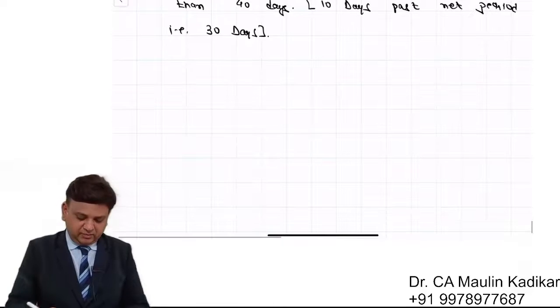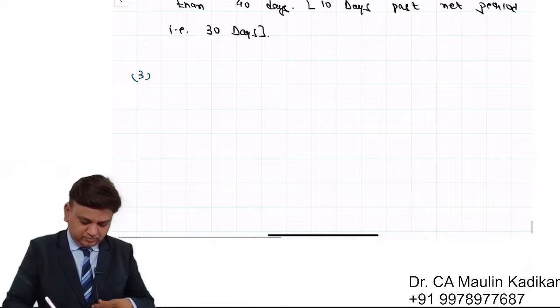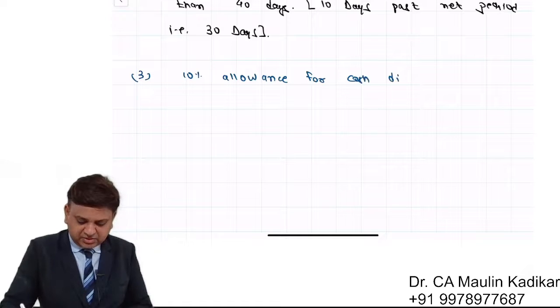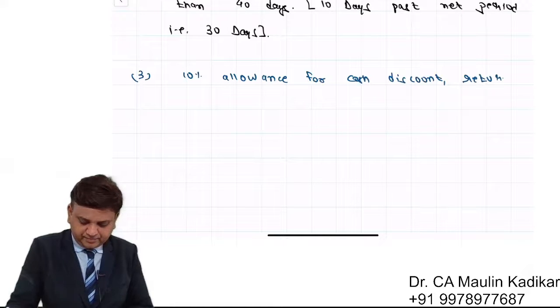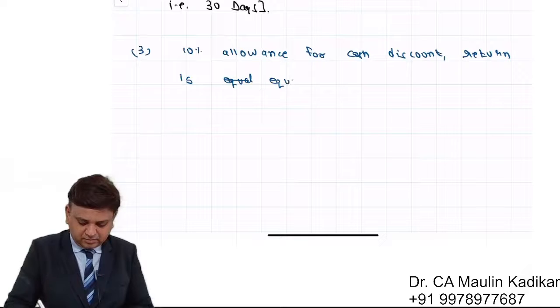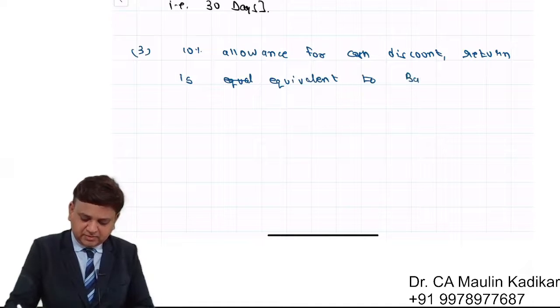Just one more note, write down: 10% allowance for cash discount, return is equivalent to bank margin. Full stop.